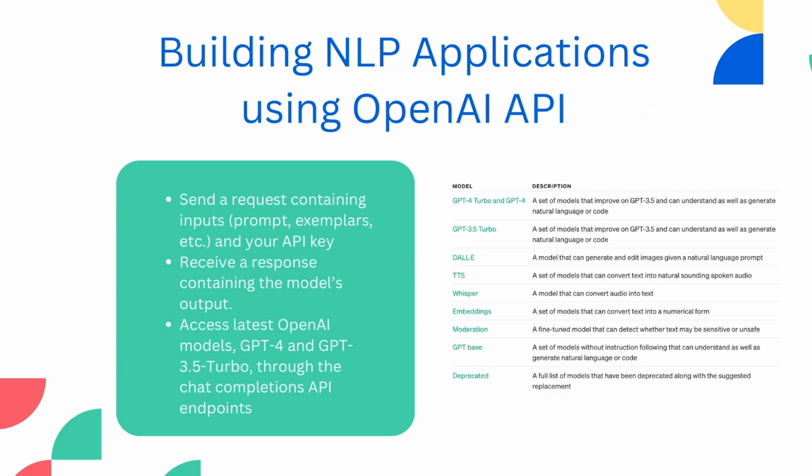That's the goal. We access the latest OpenAI models like GPT-4 and GPT-3.5 Turbo through the chat completion API endpoints. They have deployed this as a service, so you can use it as a SaaS platform. You use these models with an API access key, make a call to those models, send a prompt, and get a response.